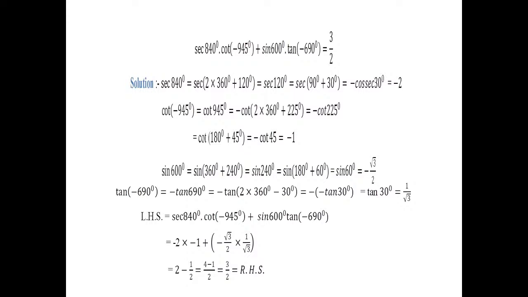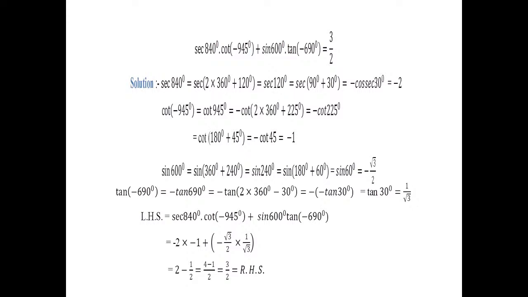So sec 840 degree is sec of 2 into 360 plus 120 degree. 2 into 360 is 2 rotations completed, so sec 120, which can be written as 90 plus 30, sec of 90 plus theta.